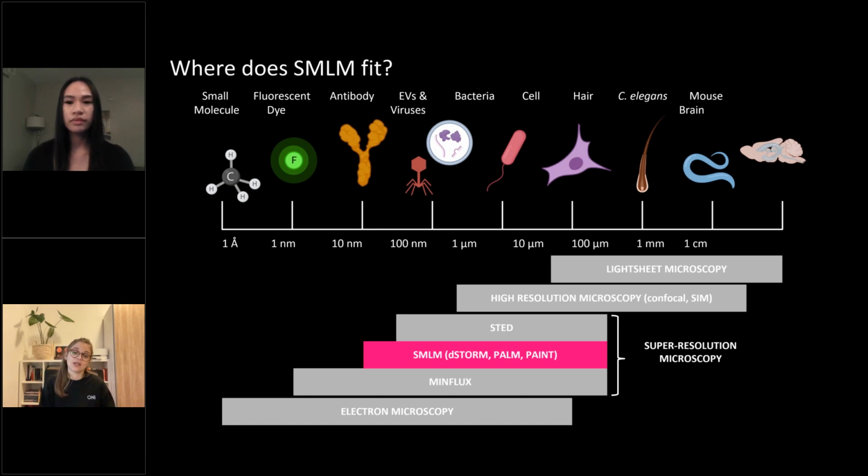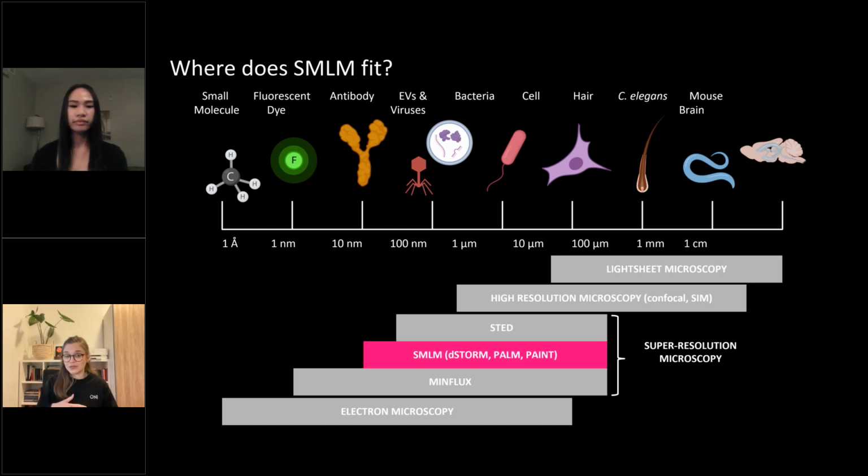techniques. So for example, if we go to the bigger length scales, we would have light sheet microscopy, as I already mentioned, or confocal or SIM, which would enable you to visualize cells, organelles, organs, or even whole microorganisms. But to have a look at smaller structures, below the diffraction limit, one would need to use super resolution microscopy techniques.